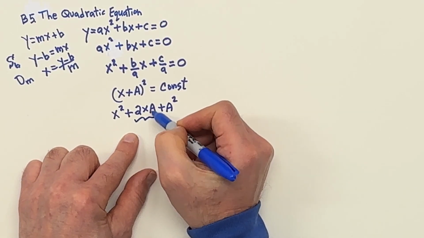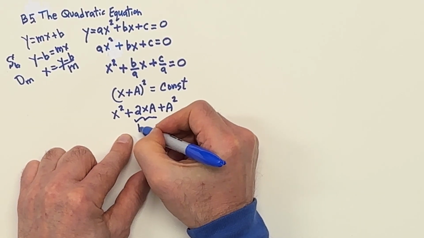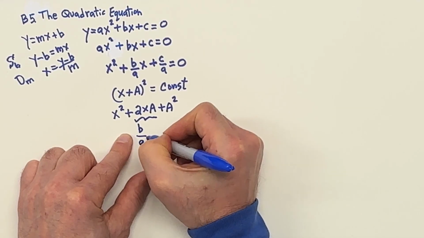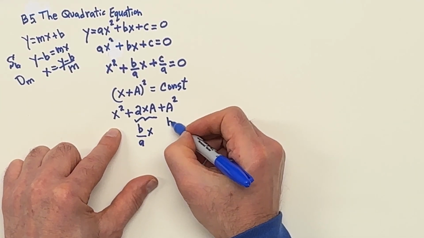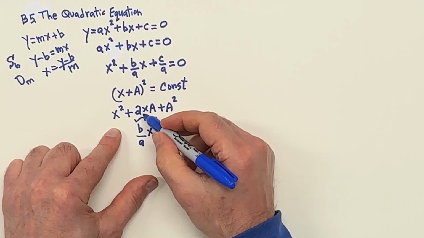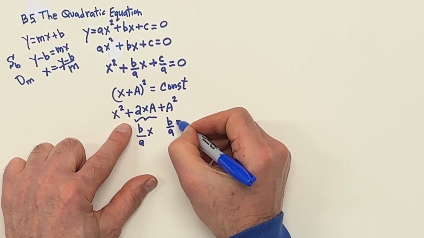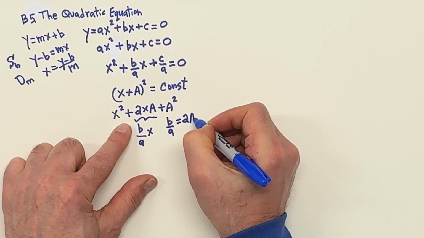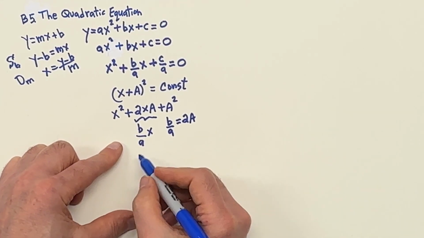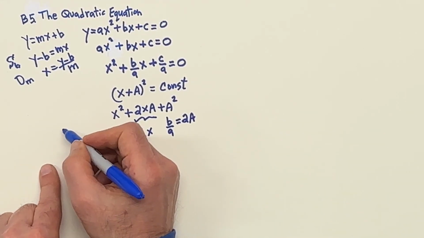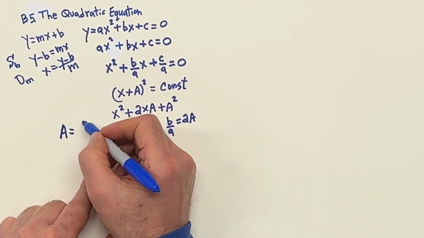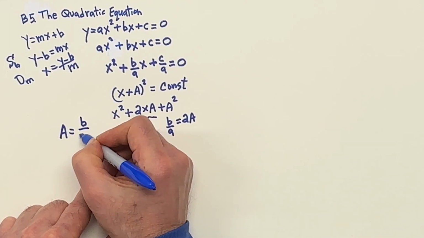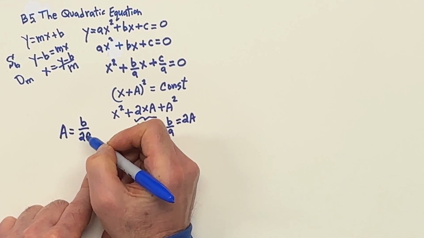If this is what we have, b over a times x. So that means the b over little a is equal to 2 times big A, which means that our big A is equal to little b over 2 little a.